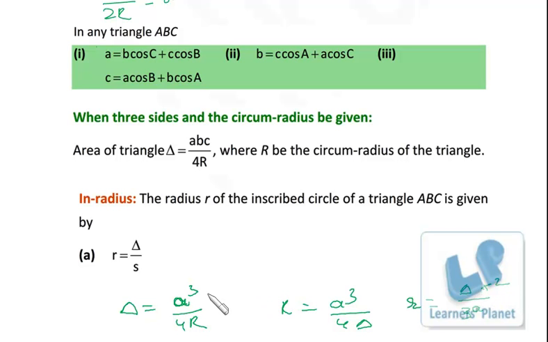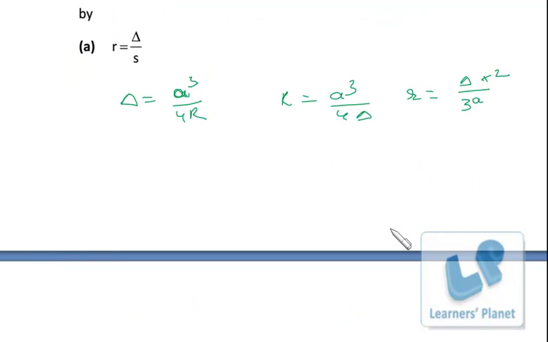So sometimes you need to equate the formulas. Say here area is A cube by 4R and here area is equal to, in this case, just a moment. Here we are talking about the same triangle. Here the area of this triangle is A cube by 4R and here the area of the triangle is equal to 3A times r by 2. So you can find the relationship between circumradius and inradius.